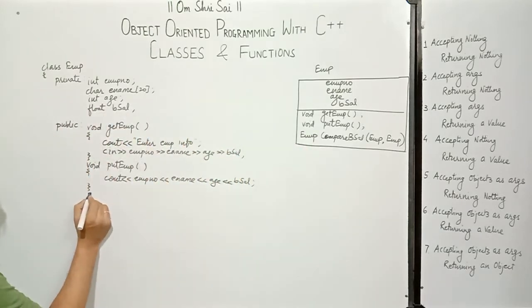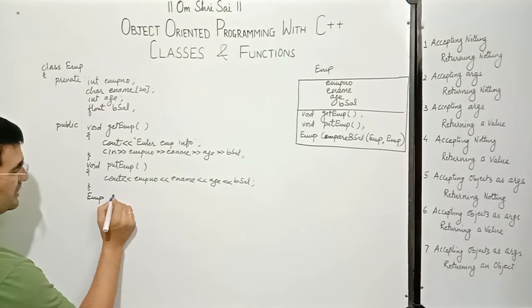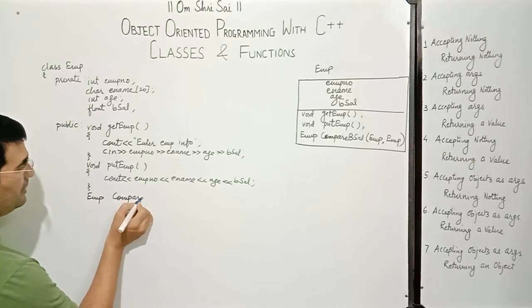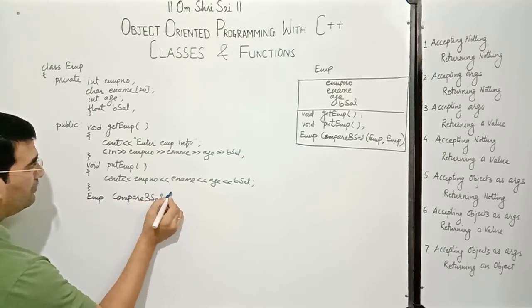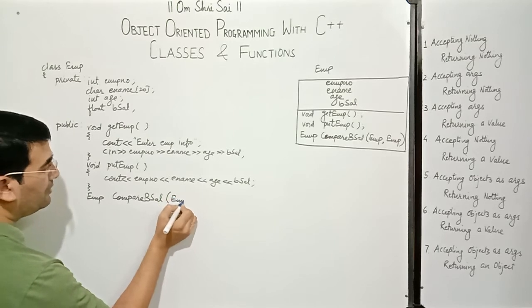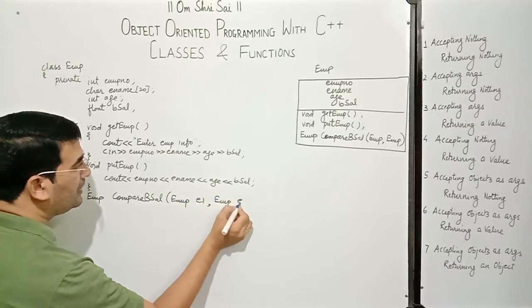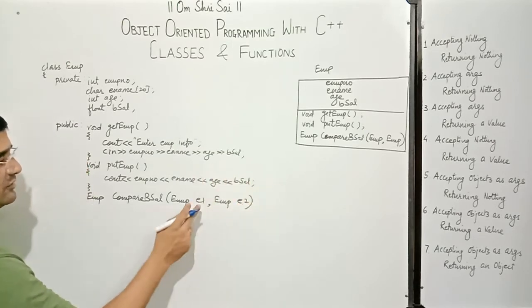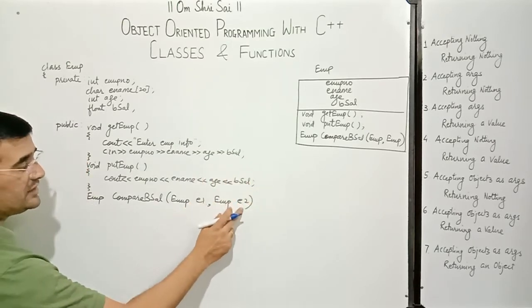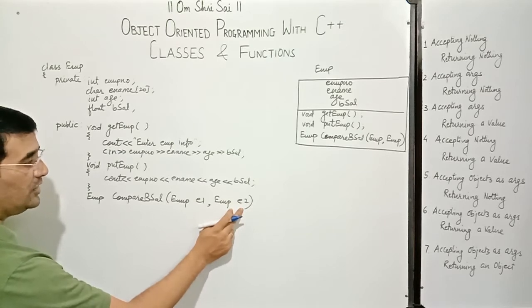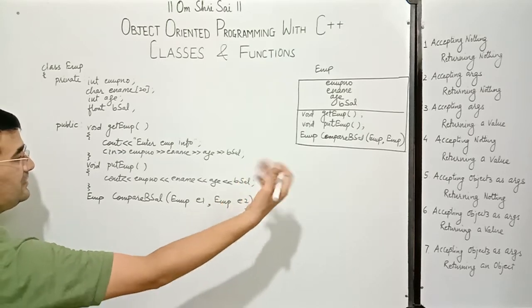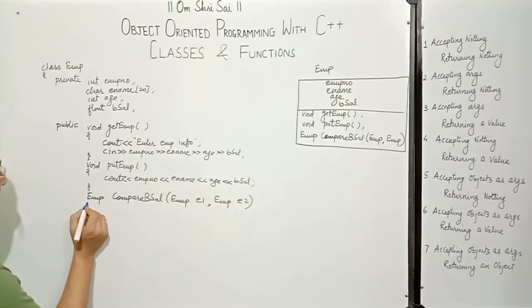Now here in this case the return type will be EMP. Function name is compareBcell, and we will accept two EMP objects, let's say EMP E1 and EMP E2. The first EMP object will be accepted in E1 and the second EMP object will be accepted into E2, and that will be passed from main at the time of invocation.